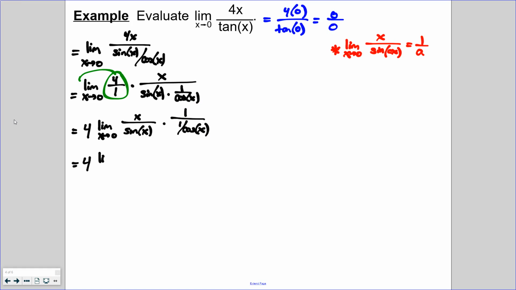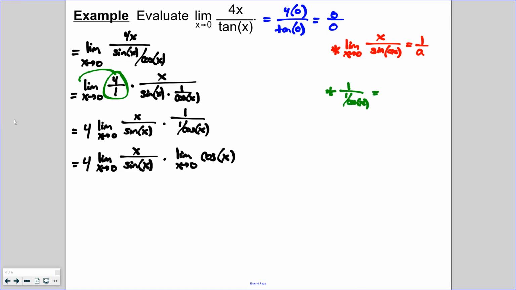So we're going to have 4 times the limit as x approaches 0 of x over sine of x times the limit as x approaches 0. And as luck would have it, 1 over 1 over cosine of x is just cosine of x. So quickly, let's take a look at that. So we have 1 over 1 over cosine of x.